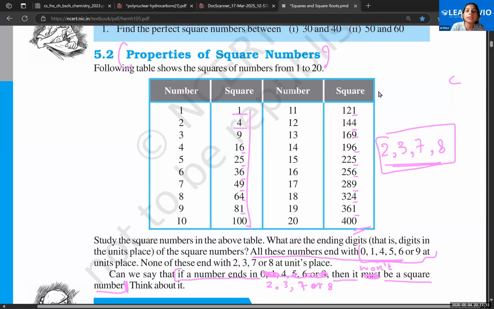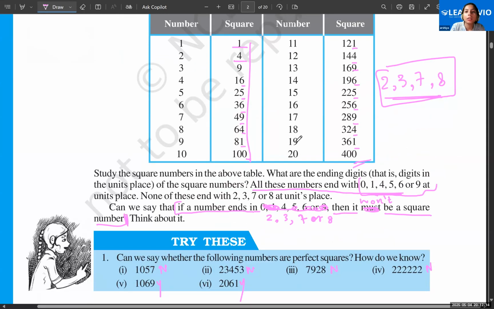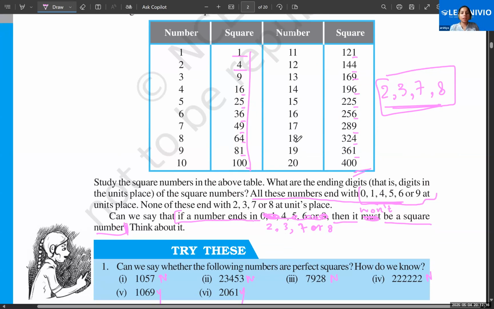And you can write down the examples. The question we just did, you can use that as an example.